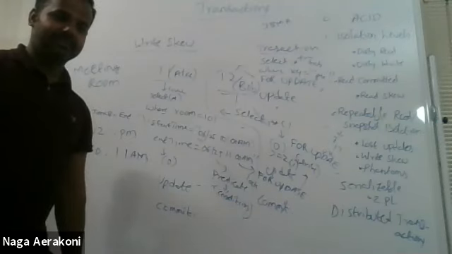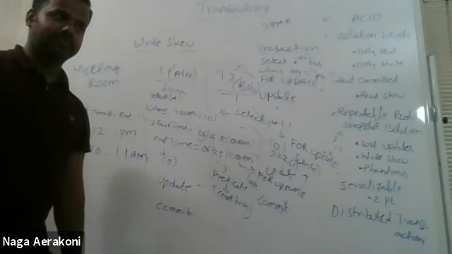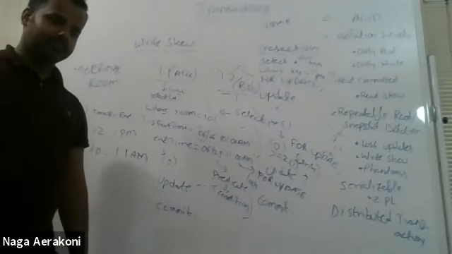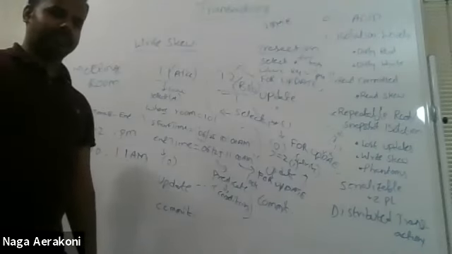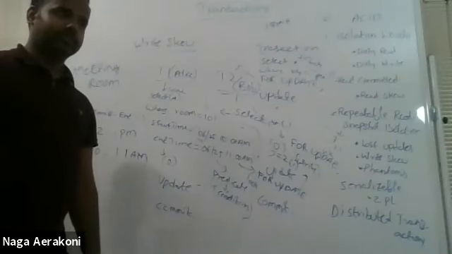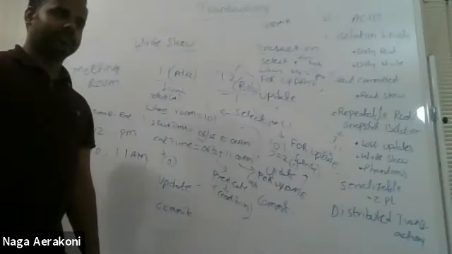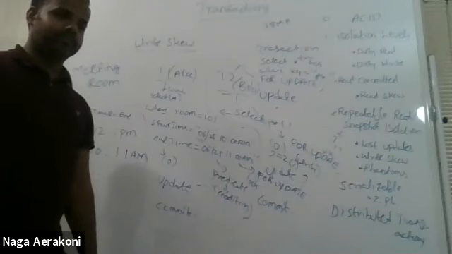So the notion of this term repeatable is exactly what it literally says. Let's say transaction T1 reads some data, and T2 comes in, modifies that data and commits, and then T1 reads again. It will get different data for the same query.